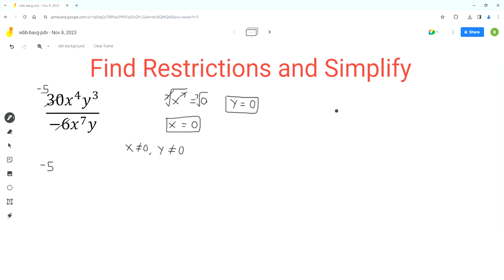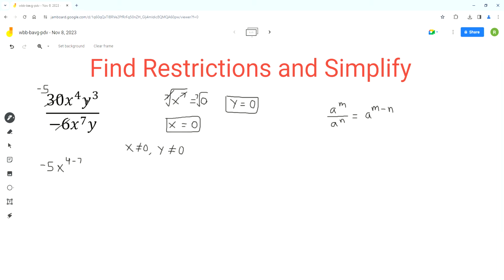As per this law, a to the power m over a to the power n equals, so we can combine these two exponential terms into a single exponential term with the same base, and we subtract the exponents. So here the base is x and we'll subtract the exponents. It will be the numerator minus the denominator, so 4 minus 7.